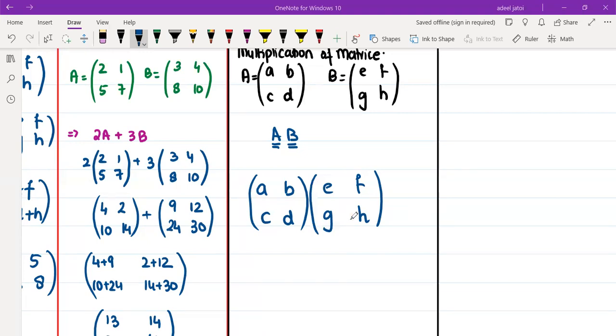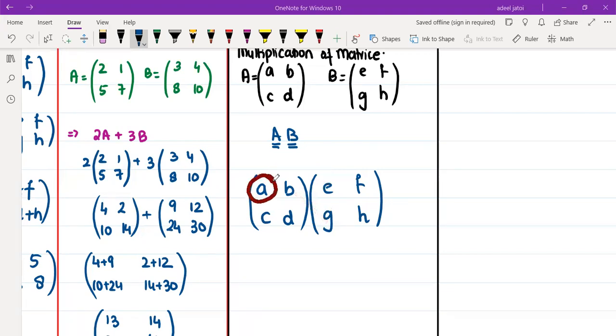But when you multiply, your first value of the row will be multiplied by the first value of the column. Your second value of the row will be multiplied with the second value of the column. In other words, first with first, second with second.